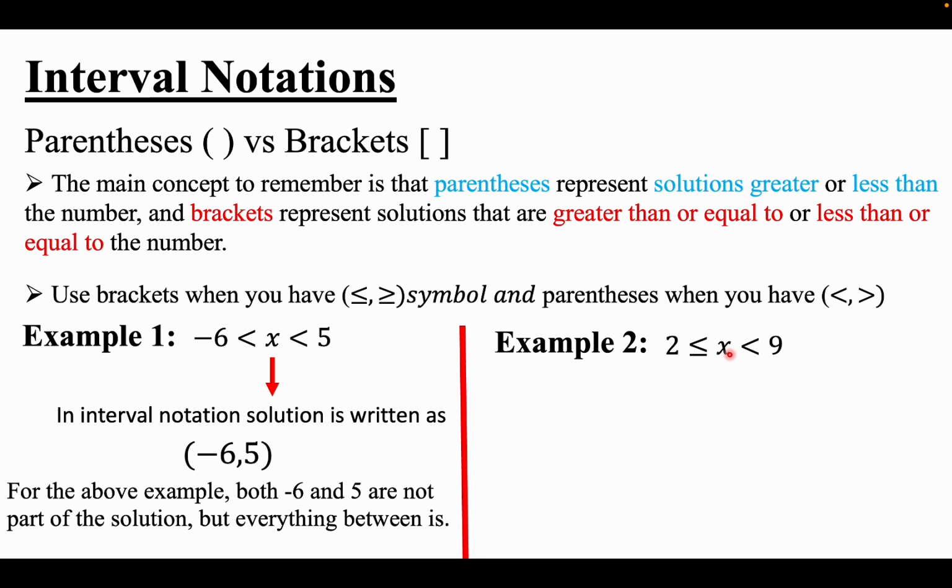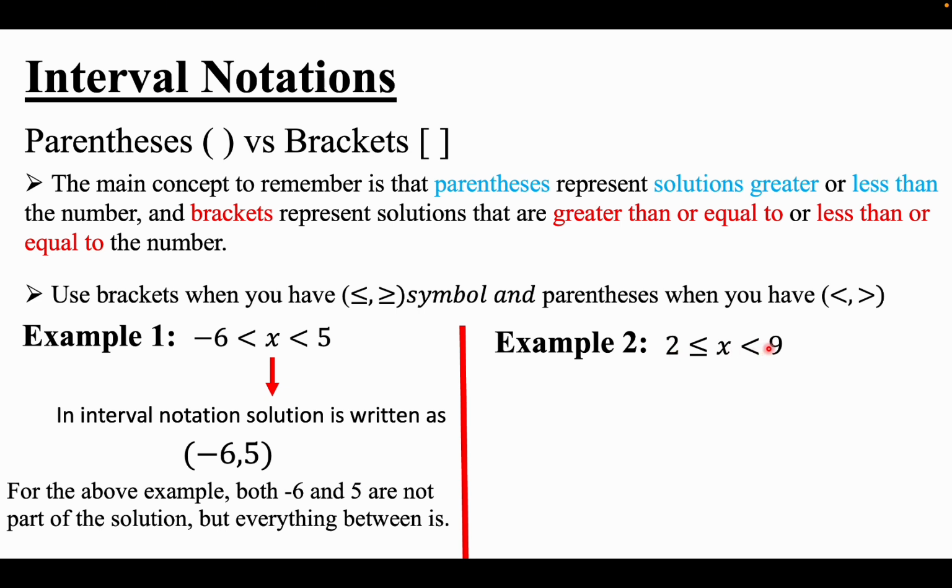And in this case, x is less than 9. Well, it could be anything that's less than 9, and it has to be greater than or equal to 2. Well, what does it really mean? This one says x is greater than or equal to 2. It could be 2 or anything above.